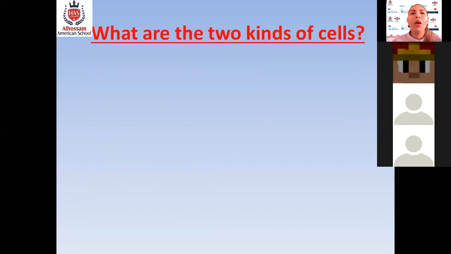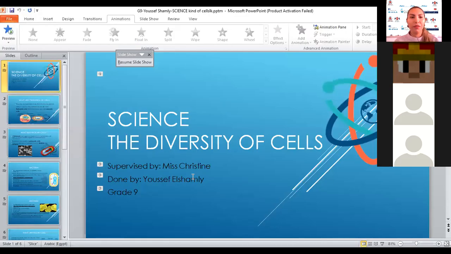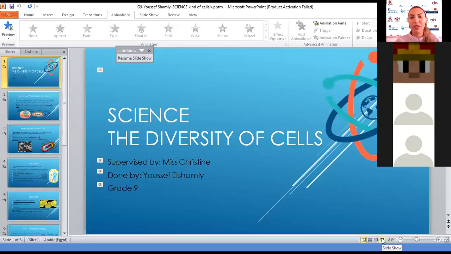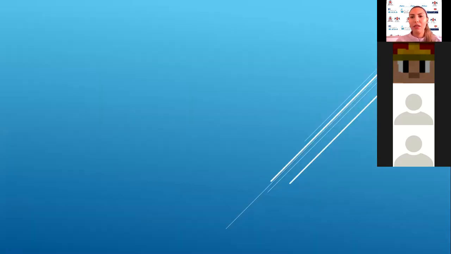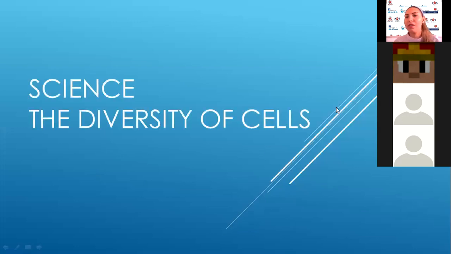Okay. And now let's start with what are the 2 kinds of cells. But today we'll listen to Yusuf, who prepared his presentation. Thank you so much for this amazing presentation, and you can start.